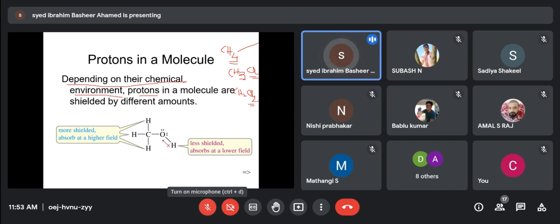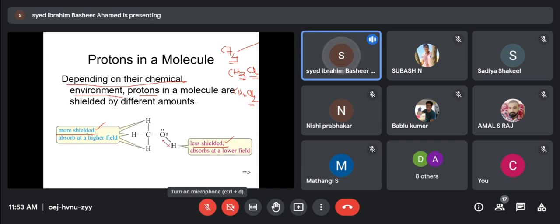The CH3 protons are more shielded, whereas the OH proton is less shielded. You should know the difference: why it is more shielded, why it is less shielded, and what effect you should understand.